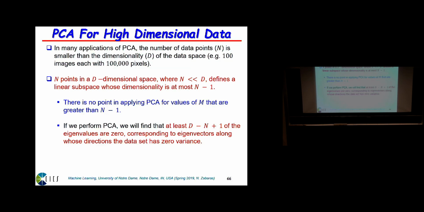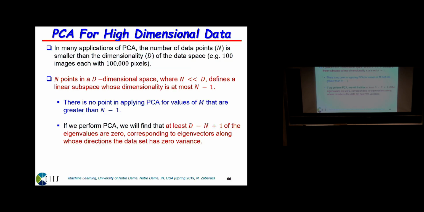The maximum dimensionality you can have is n minus 1. Don't even bother to compute anything above that, because all the eigenvalues of the sample covariance matrix are going to be 0.